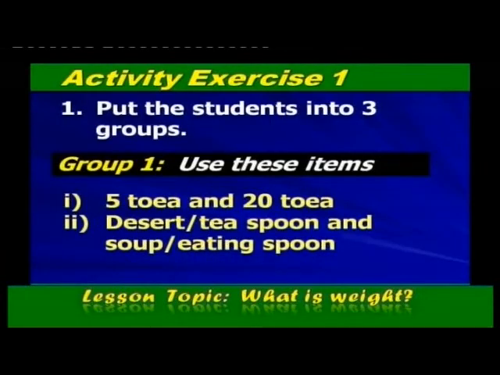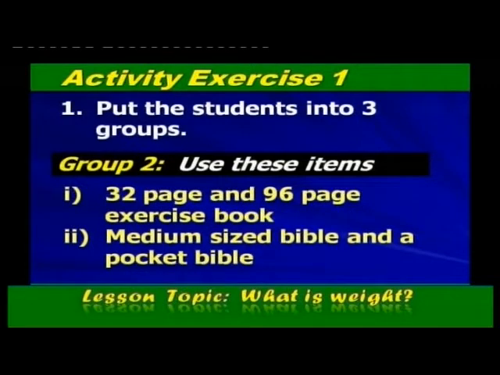Group 1, can you come and get your items? Group 1 will compare the weight of a 5 toea and a 20 toea coin, and a teaspoon and an eating spoon. Come and get your items, please. Group 2, you will work on these items: pocket Bible, medium-sized Bible, and the exercise books, one which is 32 pages or 45, and 96 pages.